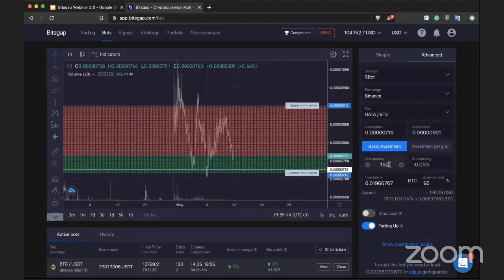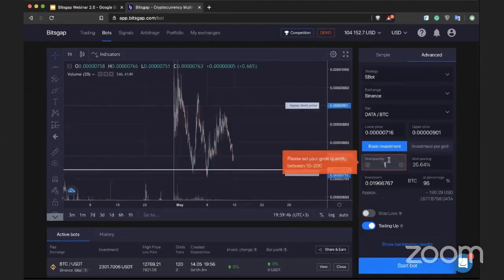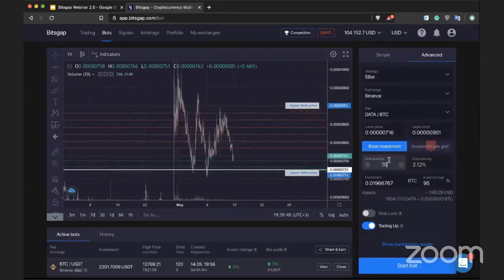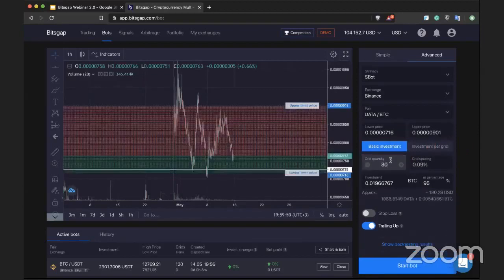So in order for me to initiate the bot, I now have to adjust grid spacing and grid level. So I would say I would put 80. Yeah. And it means that I must have enough of the DATA on my account to place all of these sell limit orders.